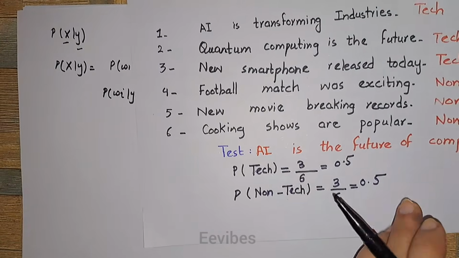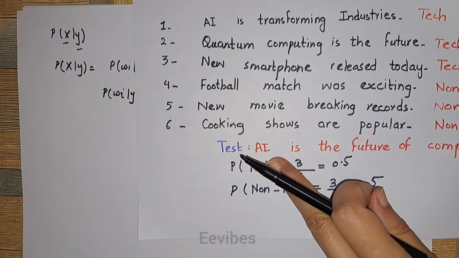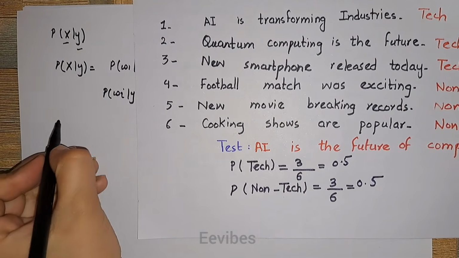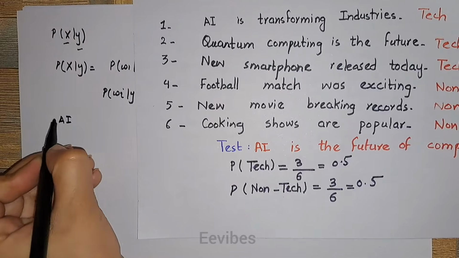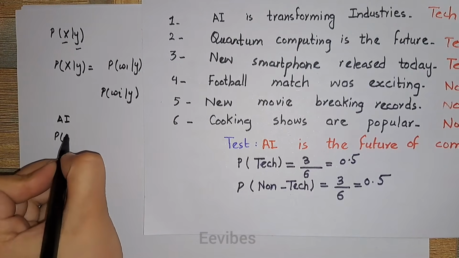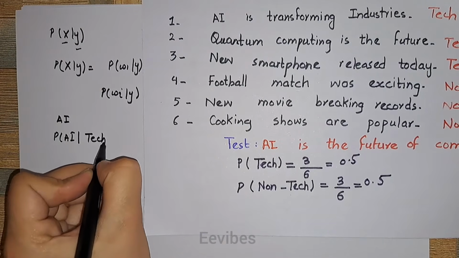The sentence for which we have to determine the class consists of 1, 2, 3, 4, 5, 6 words, where AI is the first word. So let's evaluate the probability of AI given that it belongs to the class tech.